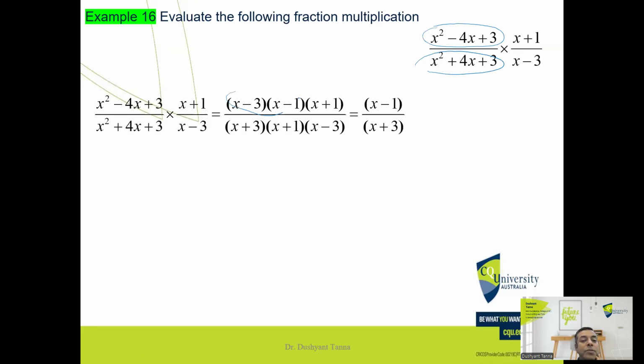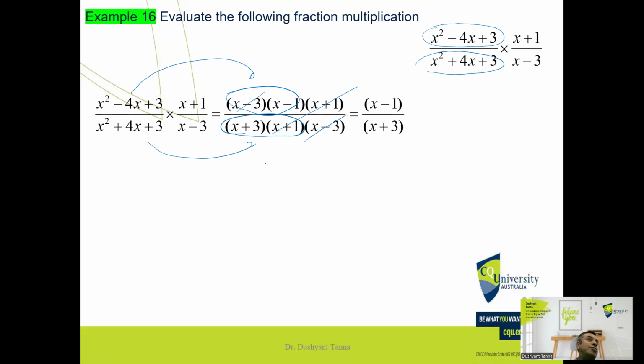These 2 are the factors of the numerator. These 2 are the factors of the denominator. x plus 1 gone, x minus 3 gone. What remains, that's it. I just had no idea how to start that. Now I understand I had to factorize for separate things.